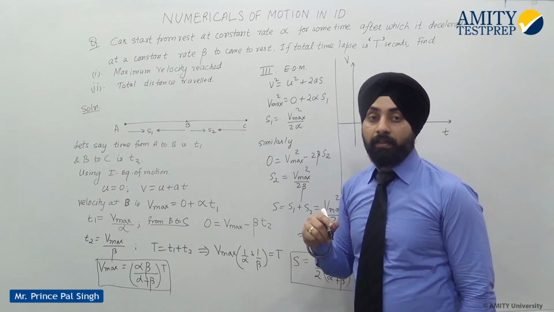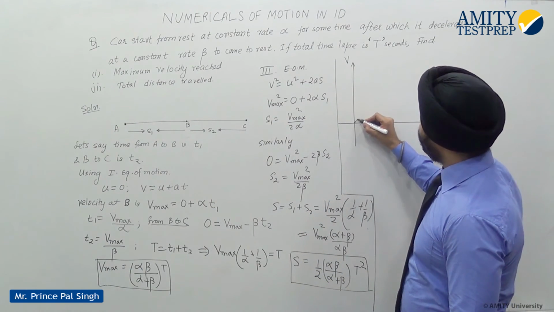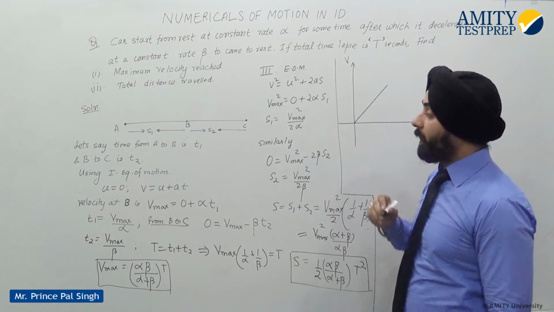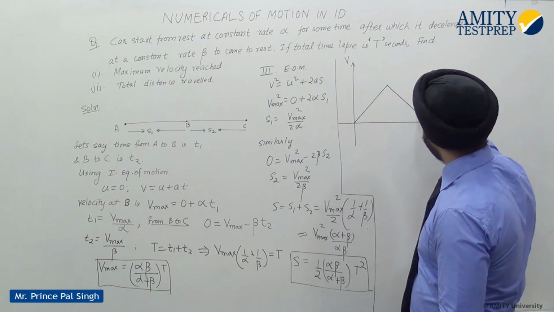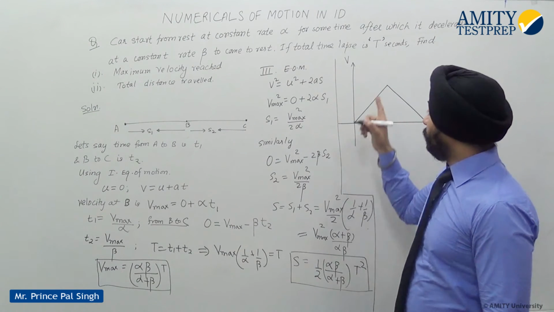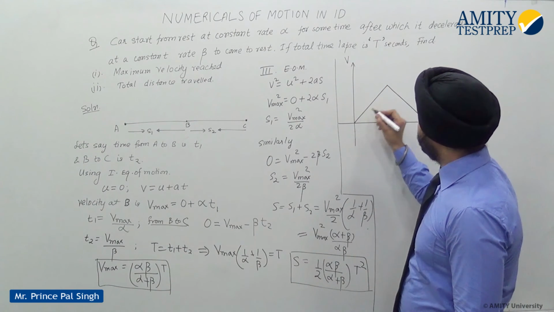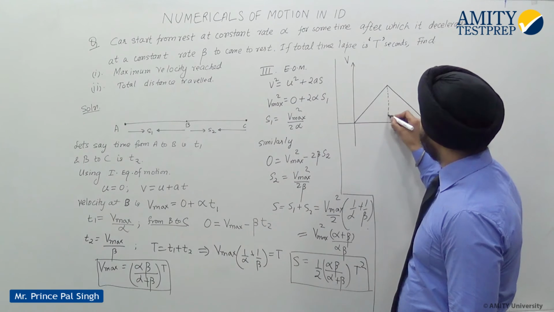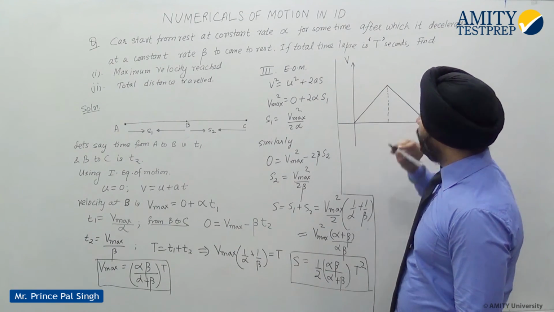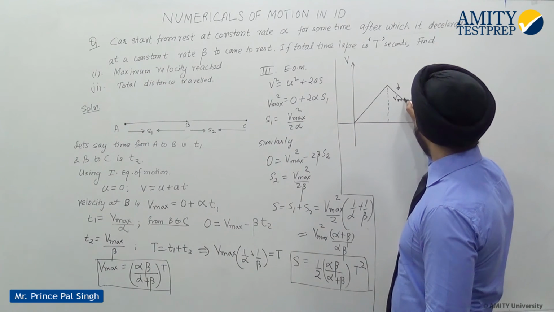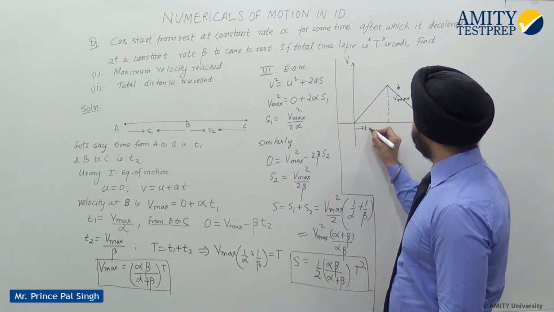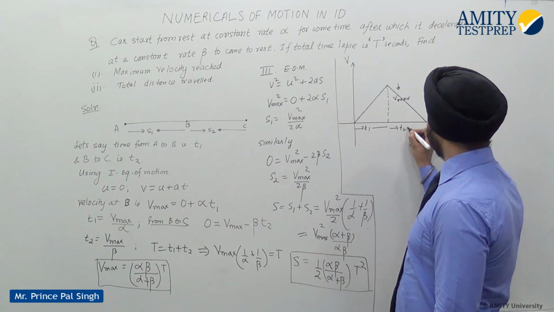It means that the graph will increase and will come to a maximum and then it will decrease, because the velocity is decreasing. The slope of the V-t graph gives us acceleration and this is V max. This is T1 and this is T2.